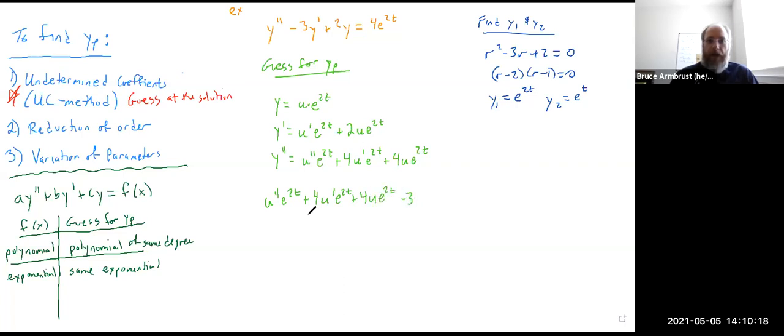So minus 3u prime e to the 2t, minus 6u e to the 2t. And then we add 2 of the y's, so plus 2u e to the 2t.